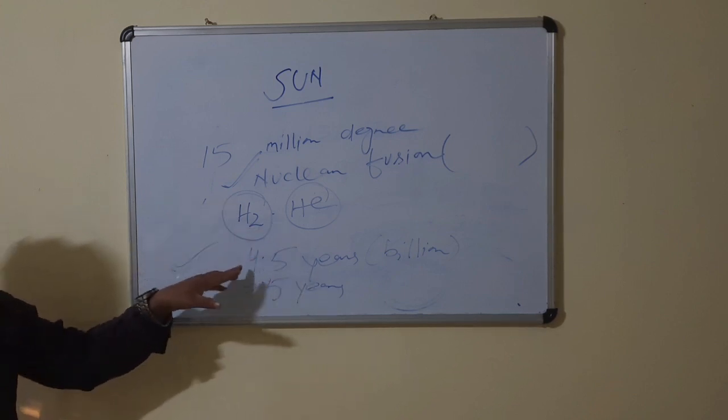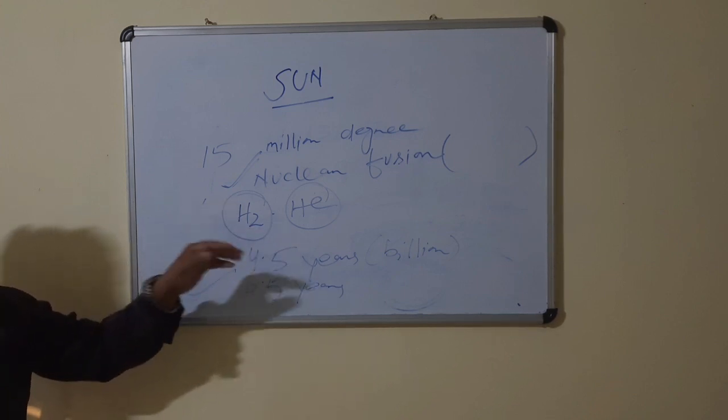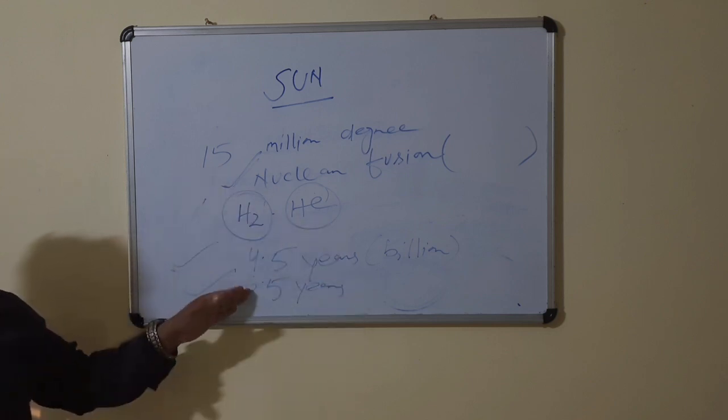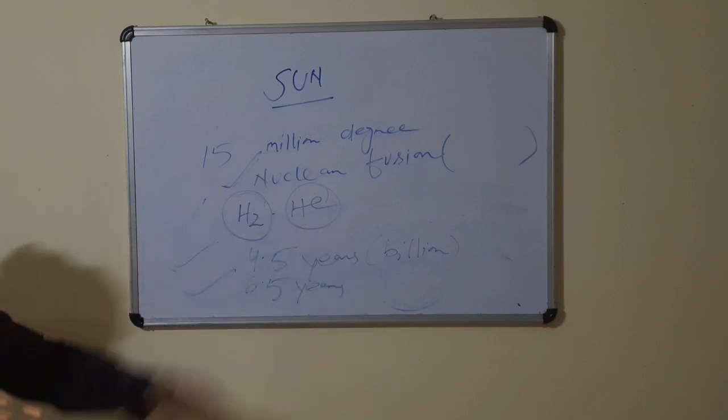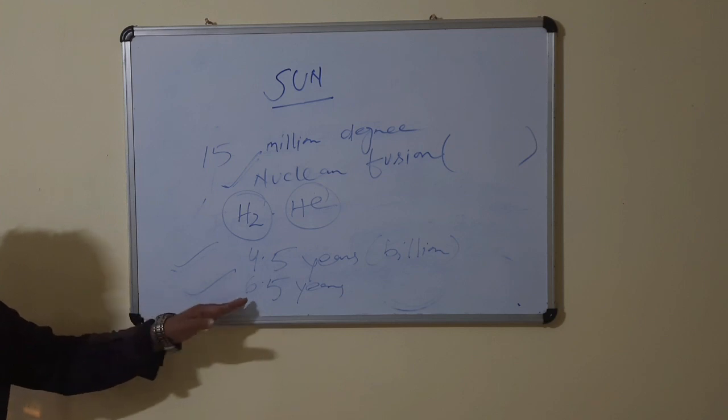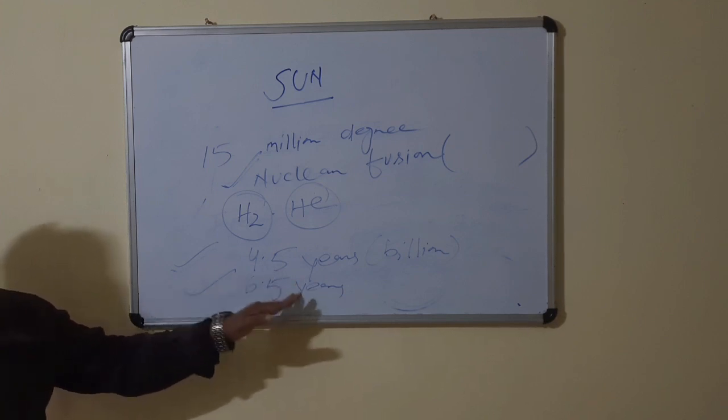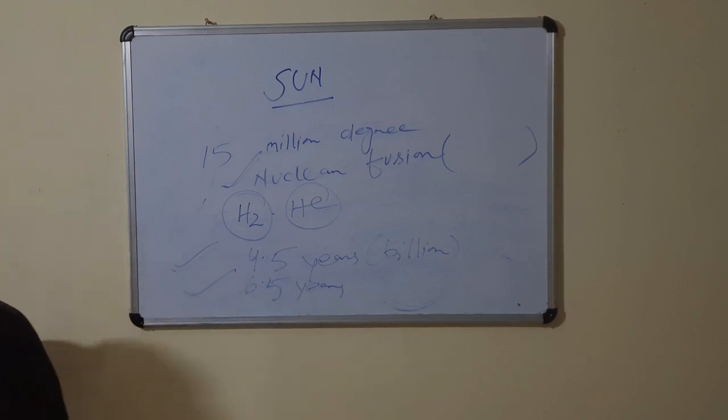So how old is it so far? It is 4.5 billion years old, and it may live longer. Its life expectancy is around 6.5 billion years. Which one? The sun.